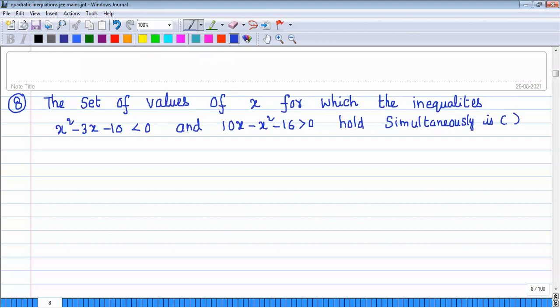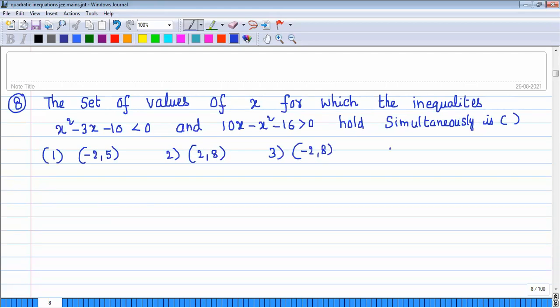That means common solution of these two inequalities we need to find out. First option is minus 2 comma 5 open interval, 2 comma 8 is also open interval. Third option is minus 2 comma 8 open interval.